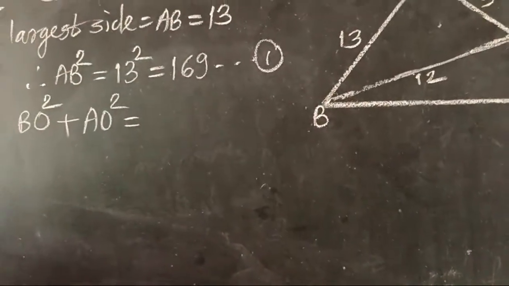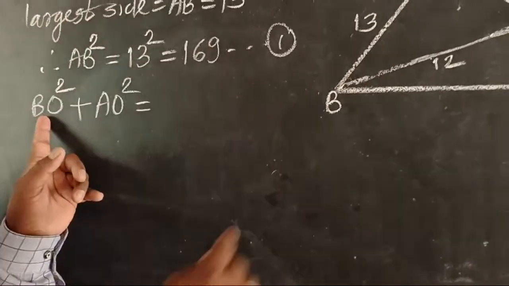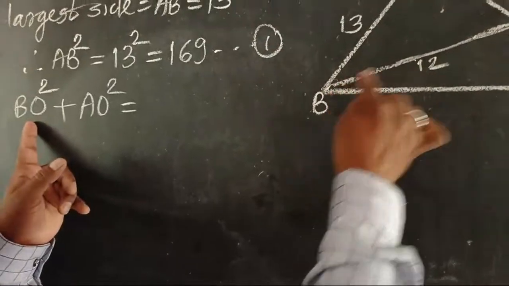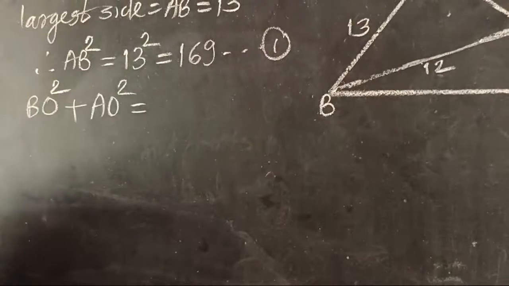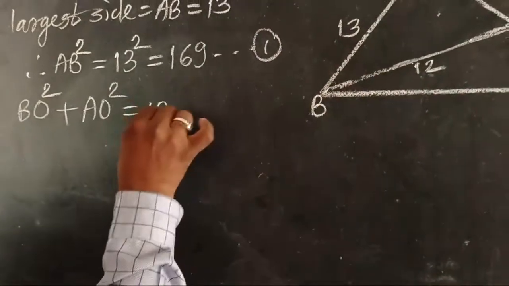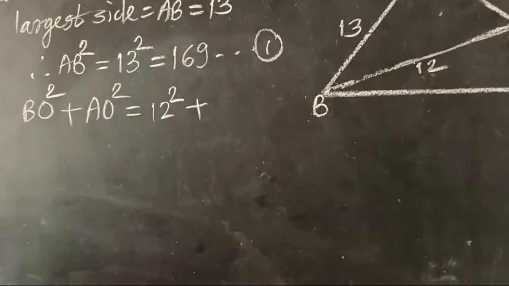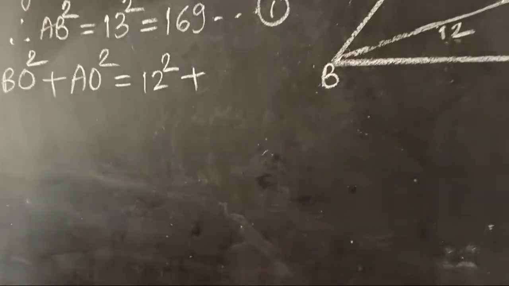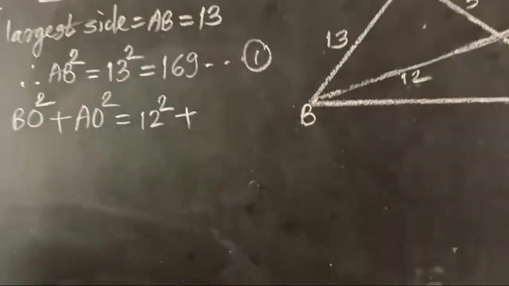Next, substitute values. BO square means BO is 12 and square. Steps are important.